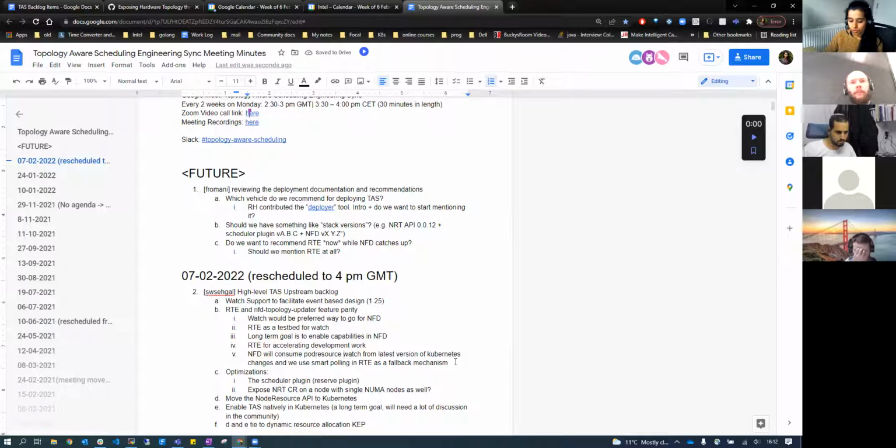So it is something we can evaluate proposing, but unfortunately our time is limited. So we could propose it when watch is in good shape, say, if you want to support Kubernetes 1.23 or 1.24 or 1.25, up until the watch goes beta, then maybe later we can propose that to the NFD folks.